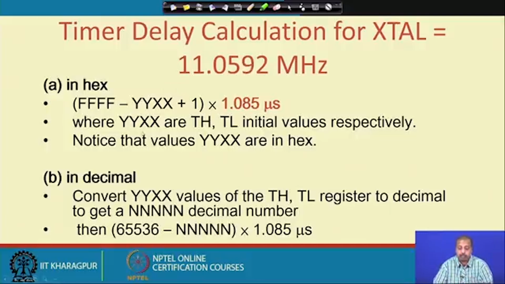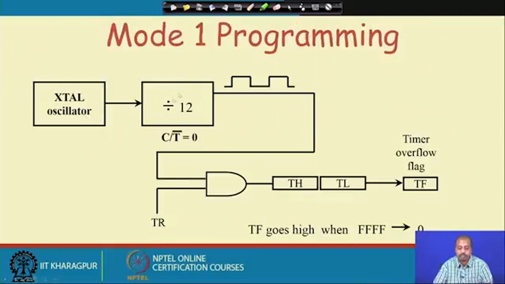First of all, this is divided by 12. If you look at the previous slide, the crystal oscillator is divided by 12, and that is fed as the clock here.